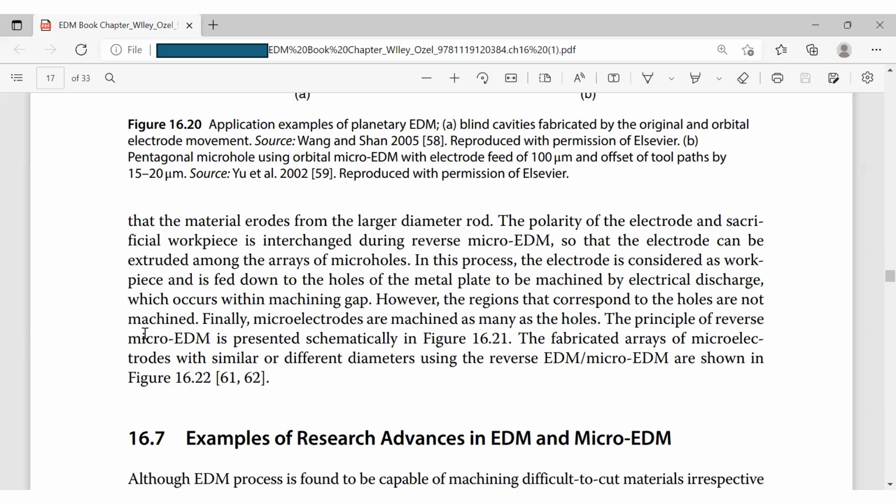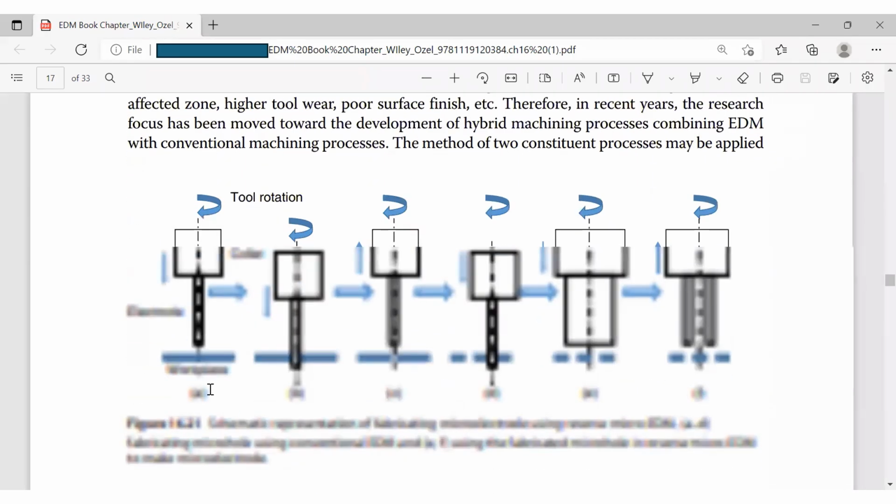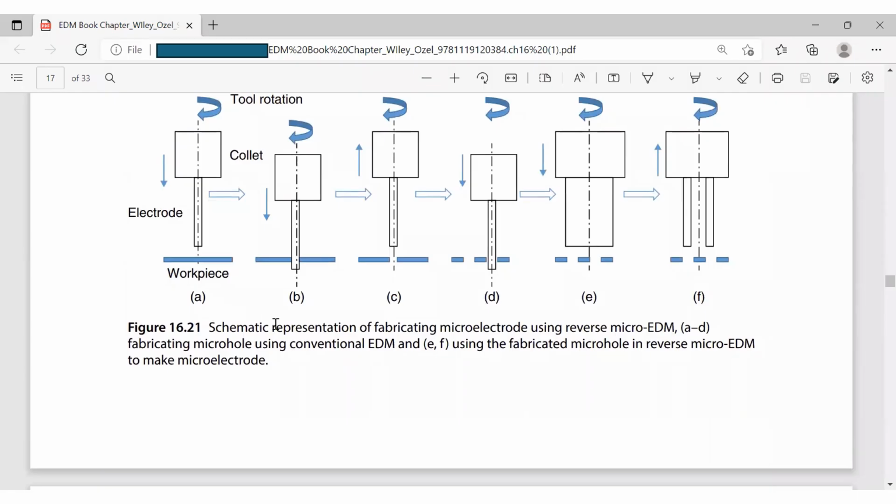So the principle of reverse micro EDM is presented in this picture. We'll talk about this one. The fabricated array of micro electrodes with similar or different diameters using reverse EDM. I'll show you figures 21 and 22. Here is figure 21. Fabricating micro electrodes using reverse micro EDM.